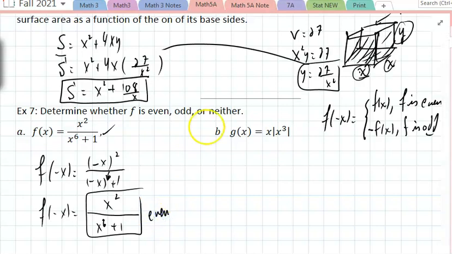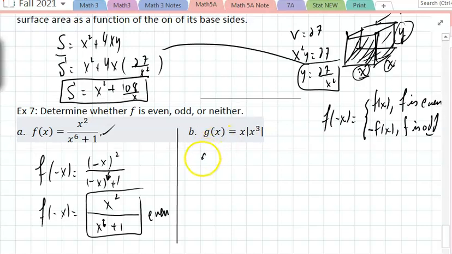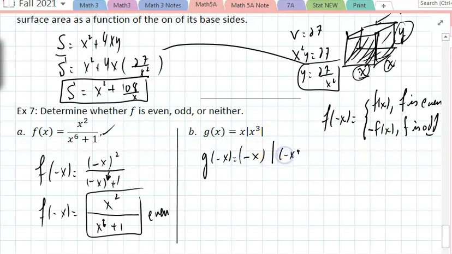What's so special about an even function? It's symmetric with respect to the y-axis. What's so special about an odd function? It's symmetric with respect to the origin. Versus when I look at part B, I replace x by a negative. That's a negative x, absolute value of negative x cubed. Now what I do, I simplify.